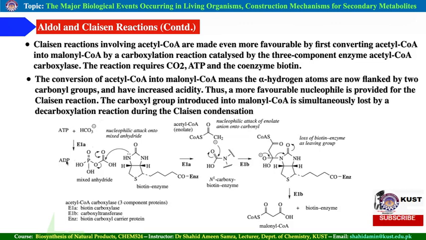ATP will be converted to ADP, and this mixed anhydride will be generated by reaction of bicarbonate with ATP. Then the biotin enzyme will act on the species and get this carboxyl group.